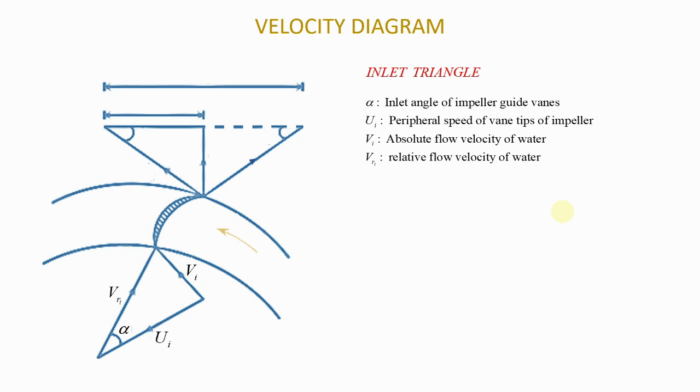Usually, if you get a question and they've drawn a velocity diagram for you, sometimes they may put the labels there to help you do some calculations. But at other times they could put the numbers, and it's up to you to establish which is which.